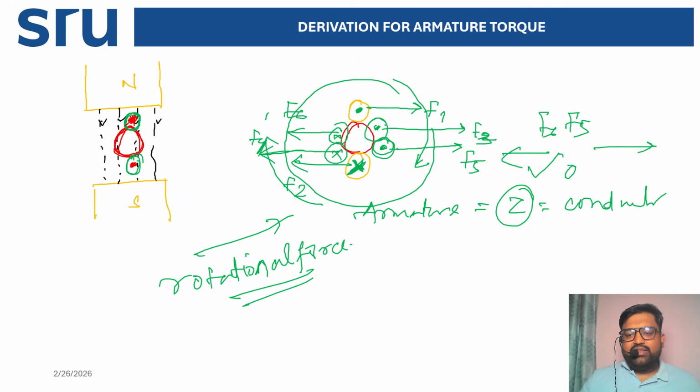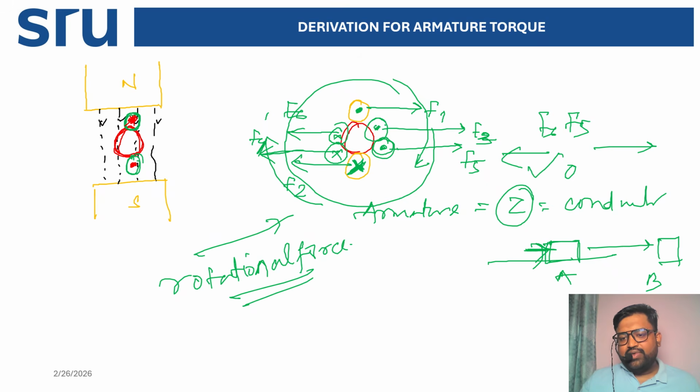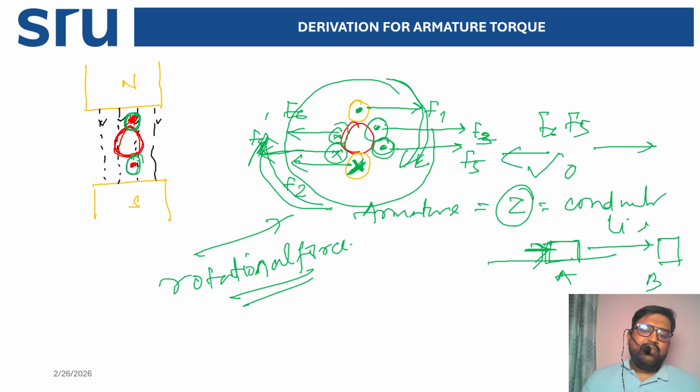Force, we know, is such that if there is a body attached to a surface and you apply more force, the body will displace from position A to position B. That is your linear force. When I am talking about the rotational force, the force acts in a circular manner due to the armature construction. And as I am getting the rotational force, this is called torque.